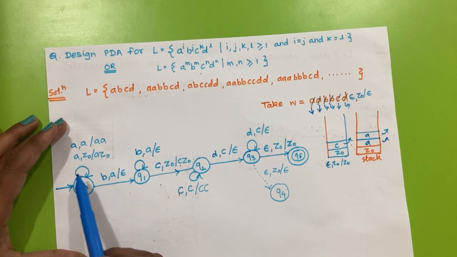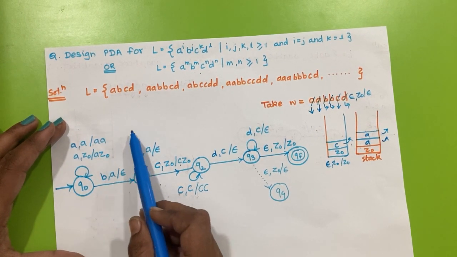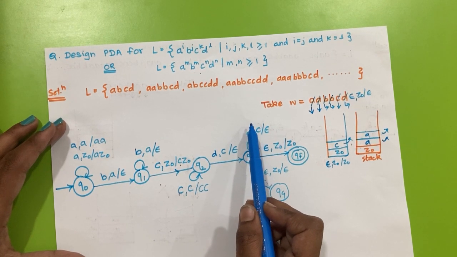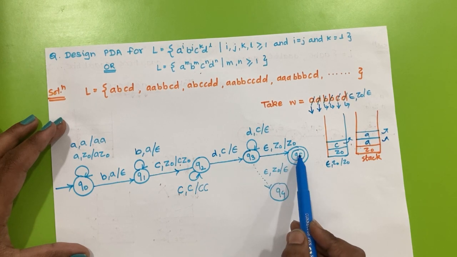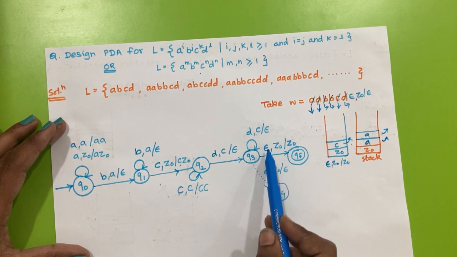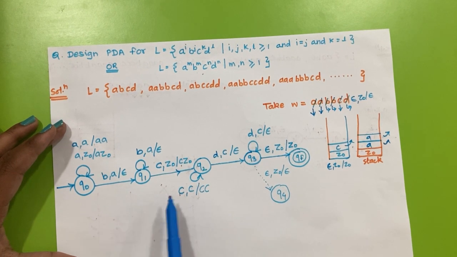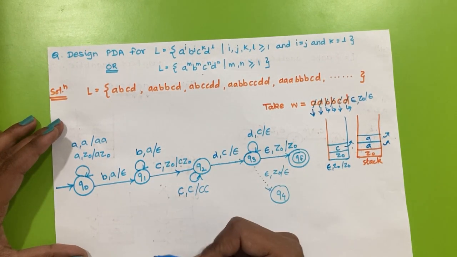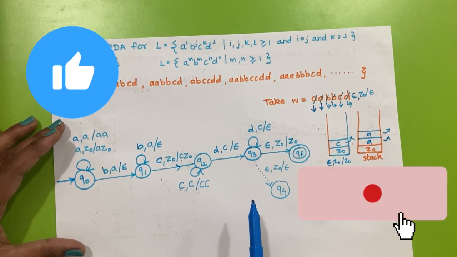For acceptance through empty stack, you just omit this transition and this state, and add this transition and this state in the given PDA. So you have to draw two different diagrams for two different types of acceptance of PDA.